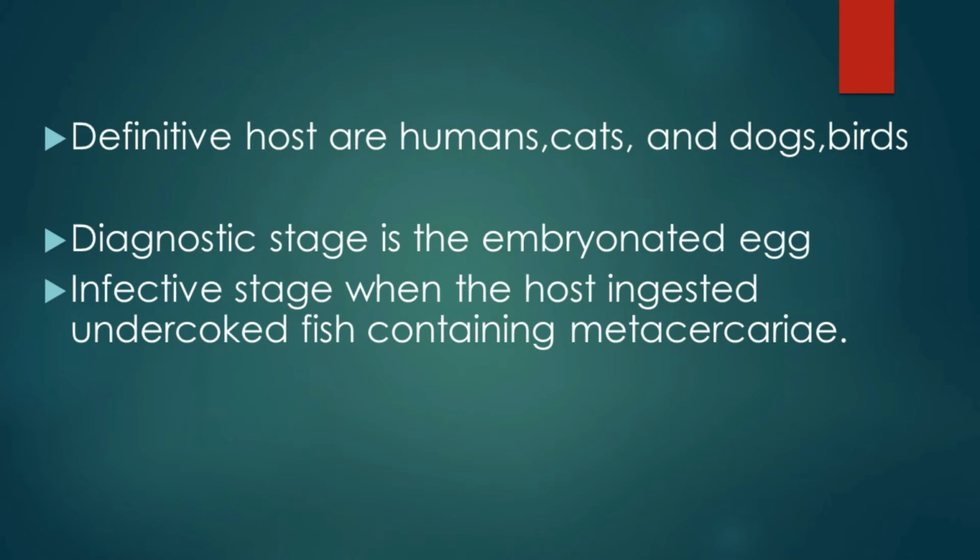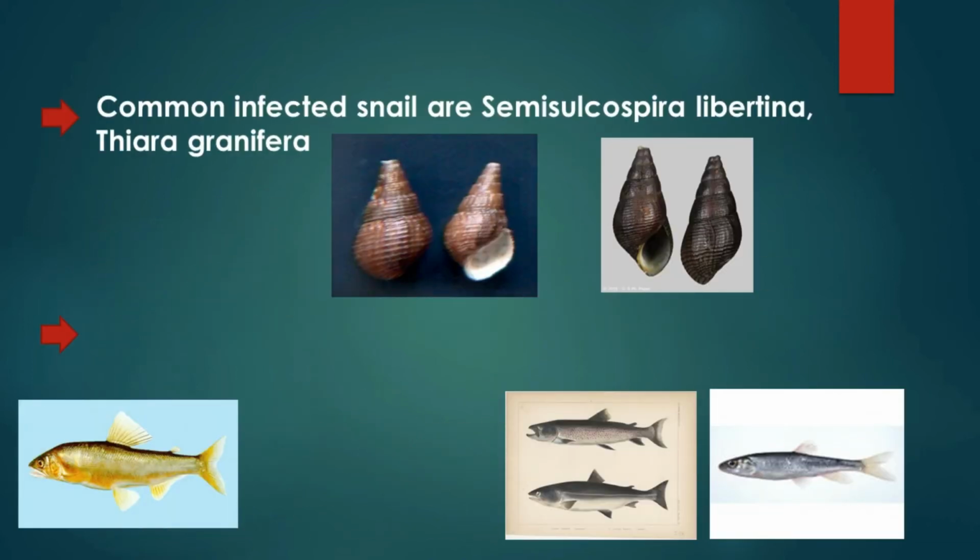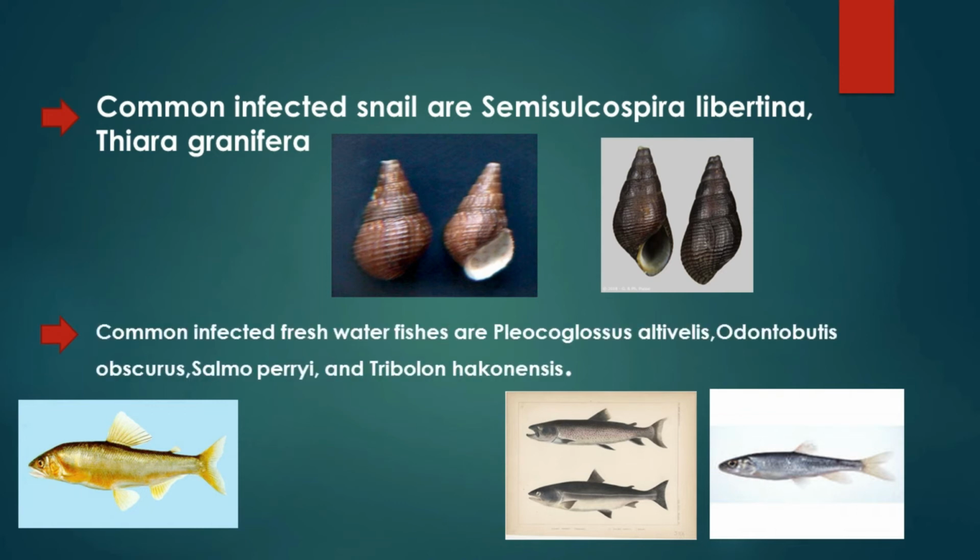The infective stage is the metacercariae in undercooked fish, which encyst in the tissue of suitable fresh or brackish water fish. Common infected snails are Semisulcospira, Thiara, and Melanoides tuberculata. Common infected freshwater fishes are Plecoglossus altivelis, Odontobutis obscurus, Salmo perryi, and Tribolodon hakonensis.